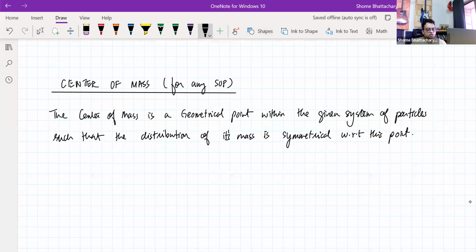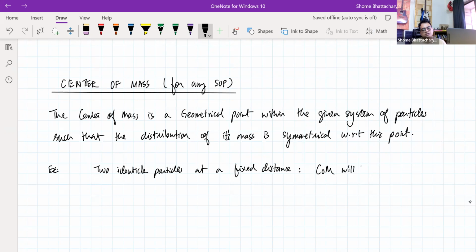Okay. So a very good example to understand this symmetry point is that if we have, for example, two identical particles at a fixed distance, that is a system of particles, then where will the center of mass be located? The center of mass will be at the midpoint because that is a symmetry point.